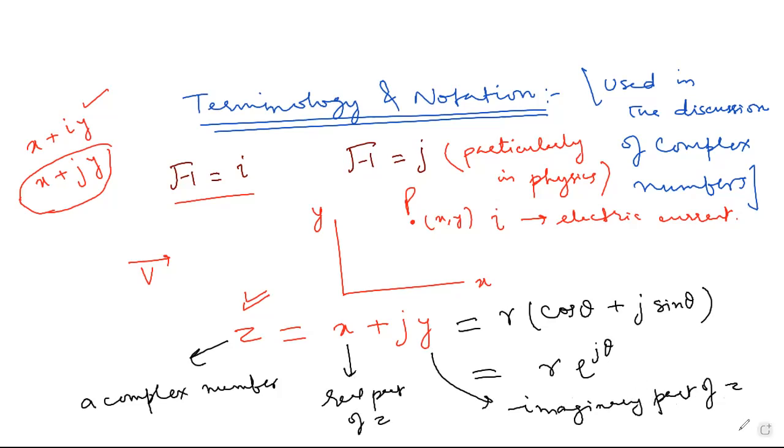The quantity r is called modulus or absolute value of the complex number z, right?